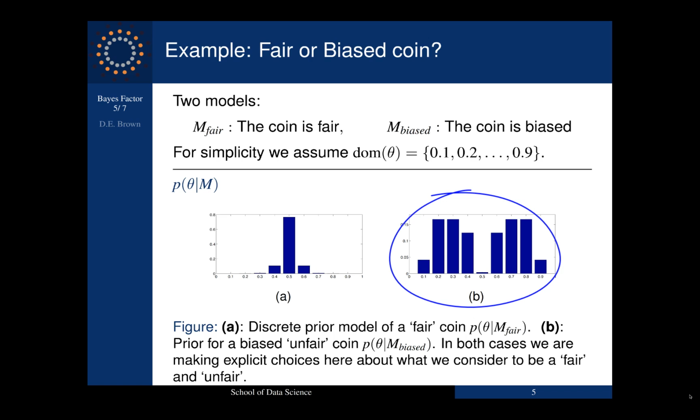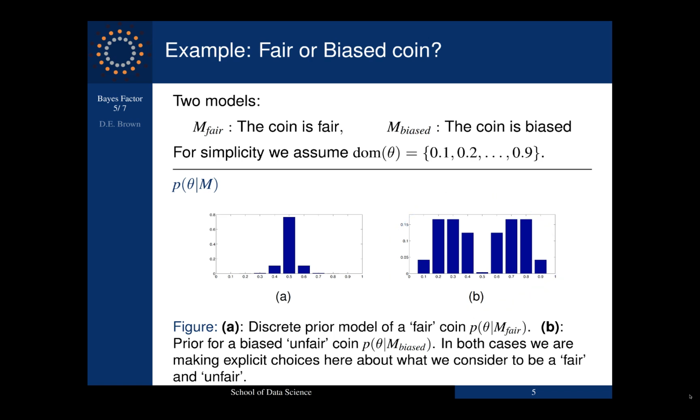We think it's a little bit less likely, but still probable, that it could take on the values 0.4, 0.6. It has almost no likelihood of having the value 0.5 because that'd be a fair coin. And then there's some likelihood of it being 0.1 or 0.9. So that's the distribution for theta given the model of a biased coin.